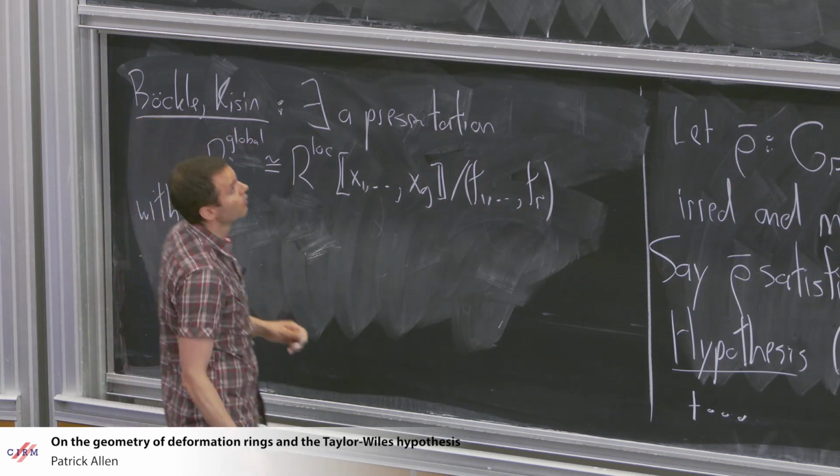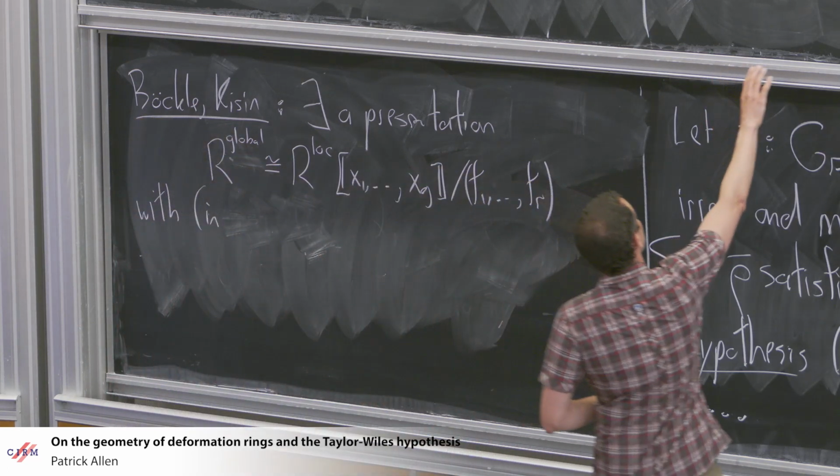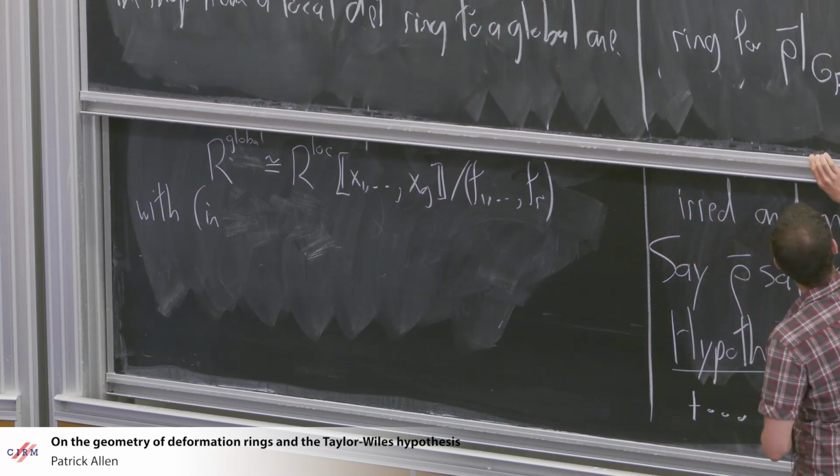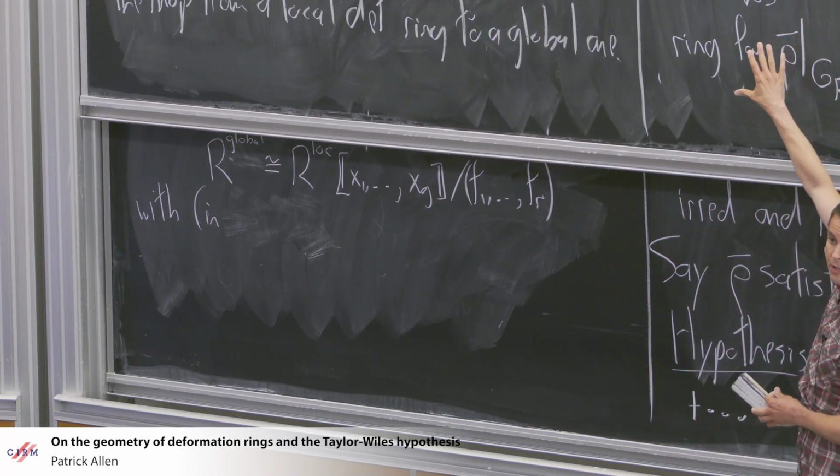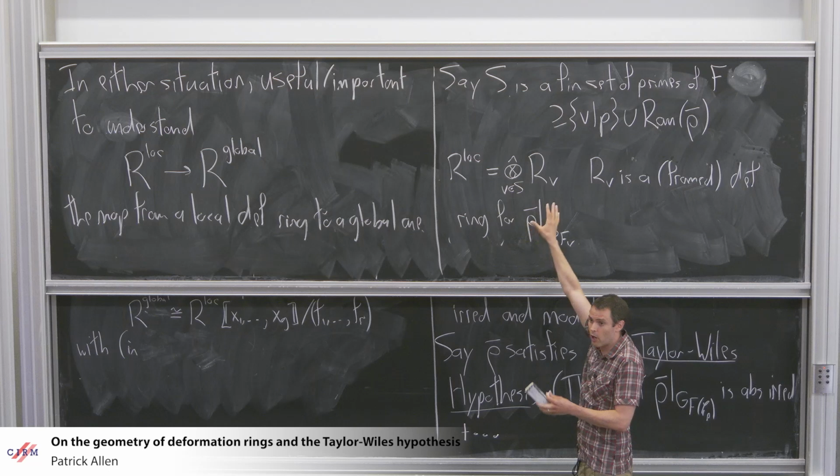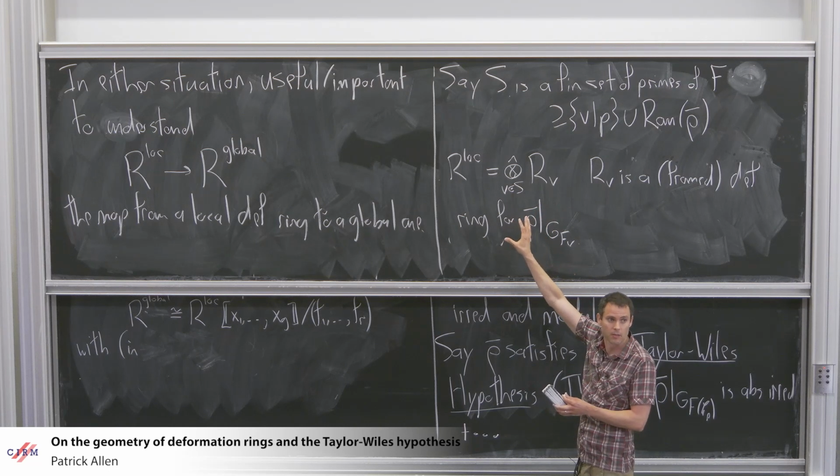Let me say, so when I haven't been precise here, I just said this is some local deformation ring. I don't want to take just an arbitrary ring here. I don't want to take some arbitrary quotient of the universal thing. You want to take something that's somewhat nice.